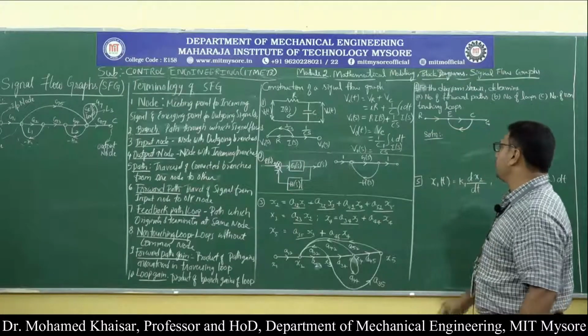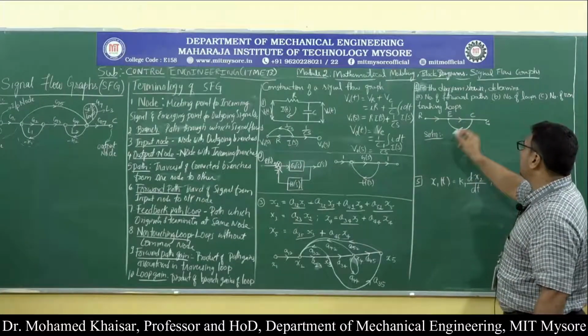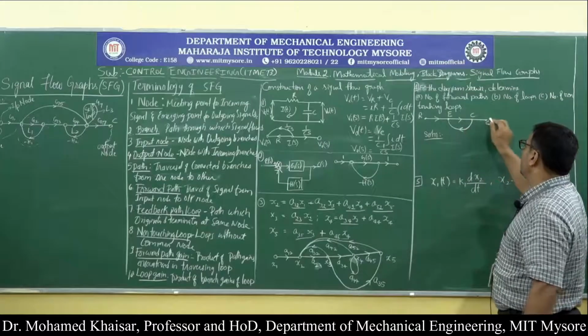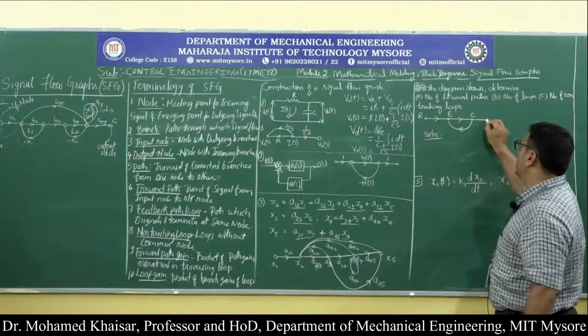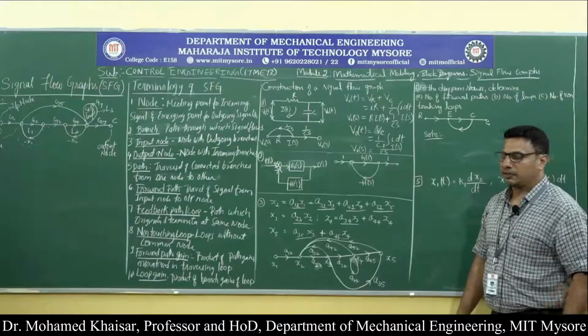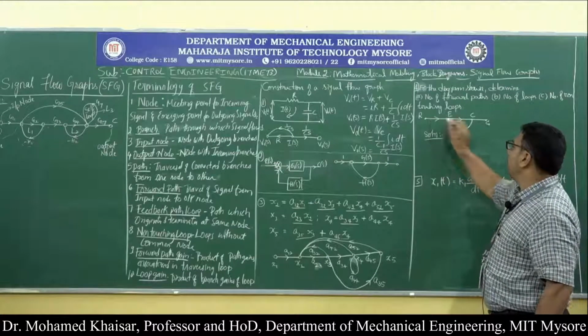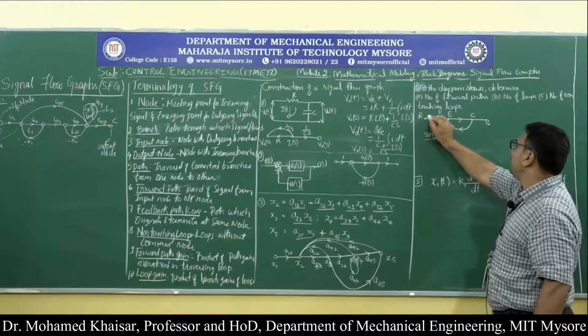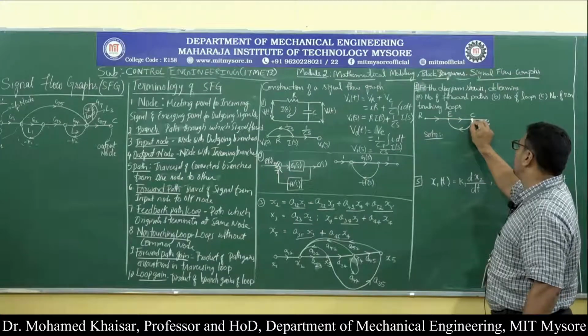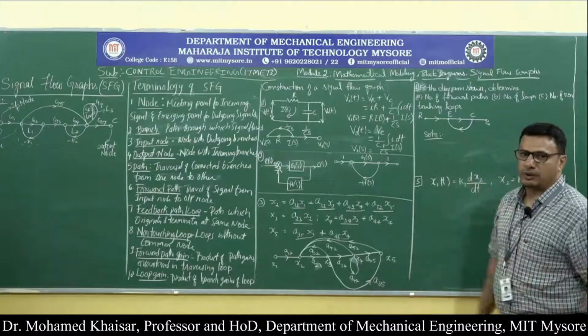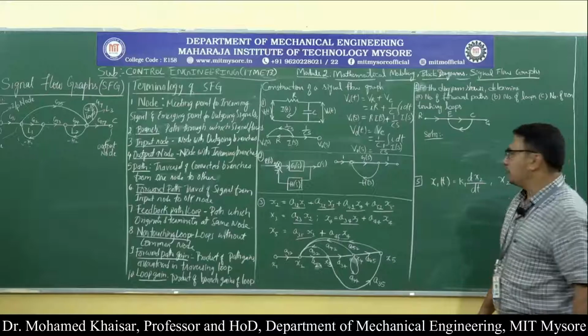If we try to find the solution, from the starting node, the input node, to the output node, how many forward paths are there? There is only one forward path, because starting from here, going till this node, going till this node, there is only one road from input node to the output node.